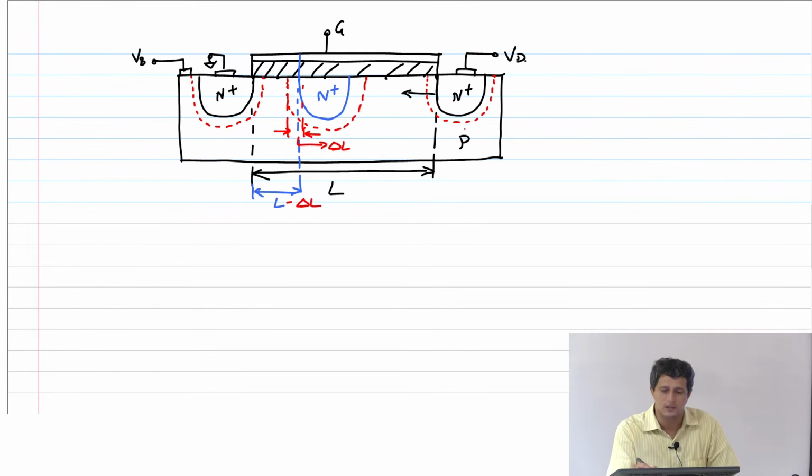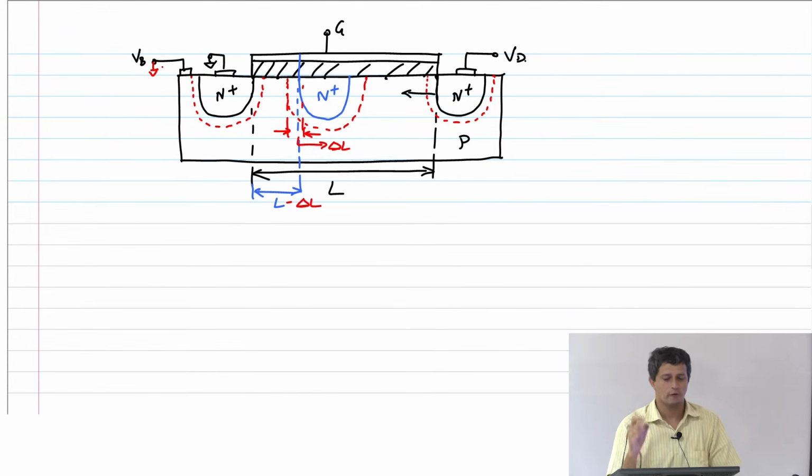So is this body source, let us assume that the body also is grounded for now, by the way, is this body drain junction forward biased or reverse biased? Reverse biased, because I am applying a positive potential to the N plus region and a negative potential, ground, to the P region.